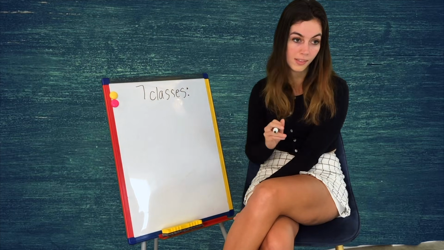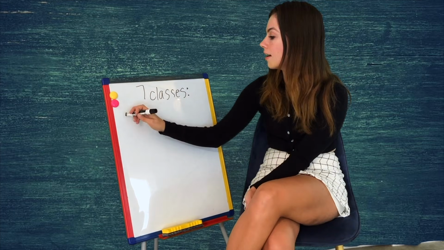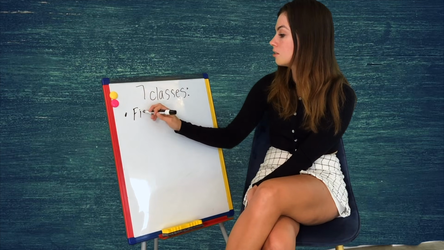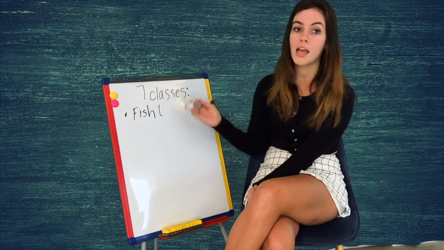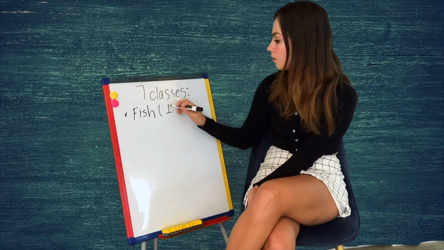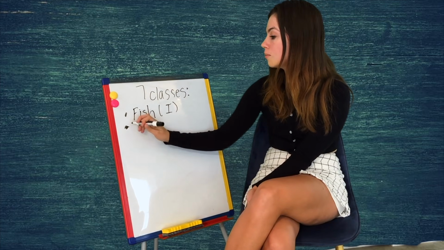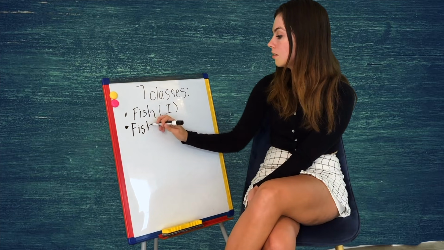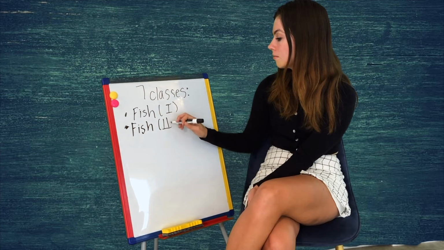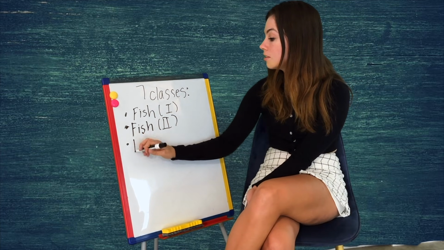Of vertebrates, we've got fish, and we're going to have type 1. I'm just going to put a little 1 there. We have fish type 2, and we have fish type 3.